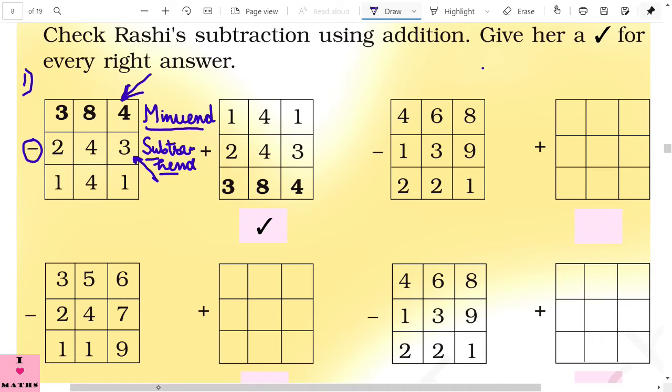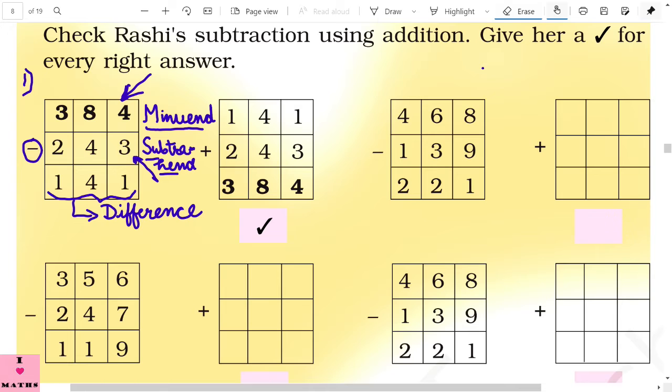And the answer which we will get, here the answer is 141. This number is called the difference. And that is the reason so many times you will find a question where it would be written, find the difference between the two numbers.